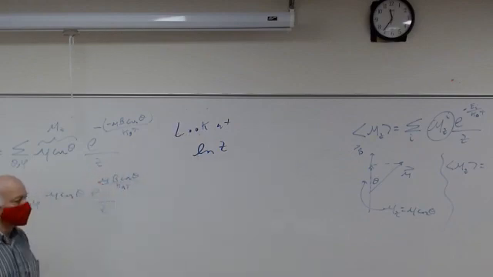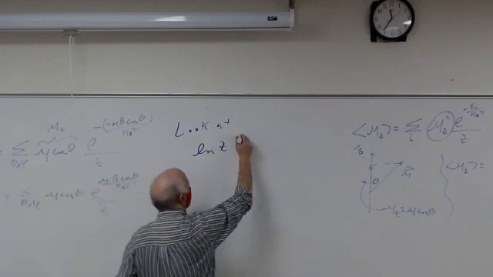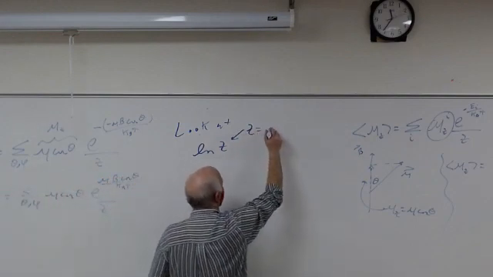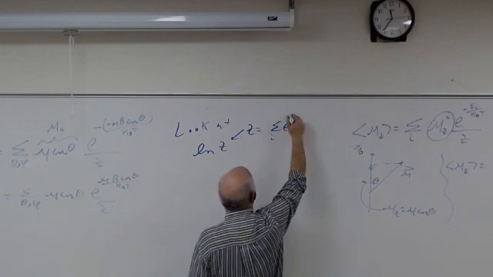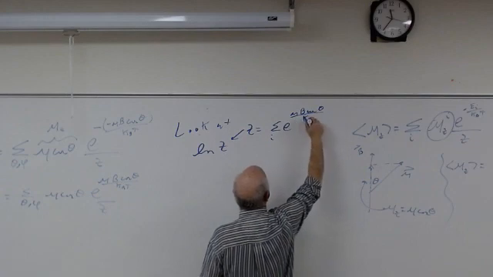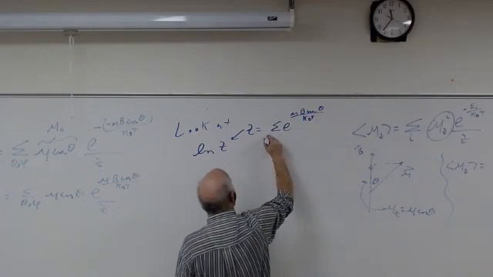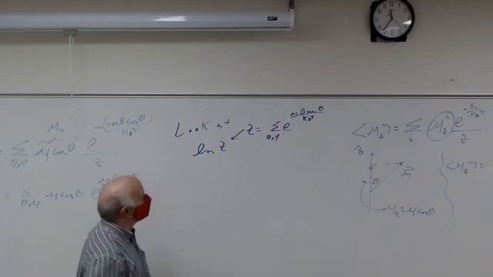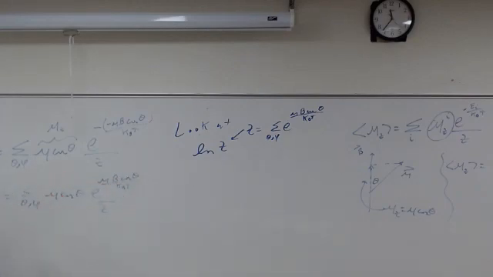And what do you think we're going to do to it? This z is the sum over i of e to the mu B cosine of theta over kT, a sum over theta and so on. That's what that z is.